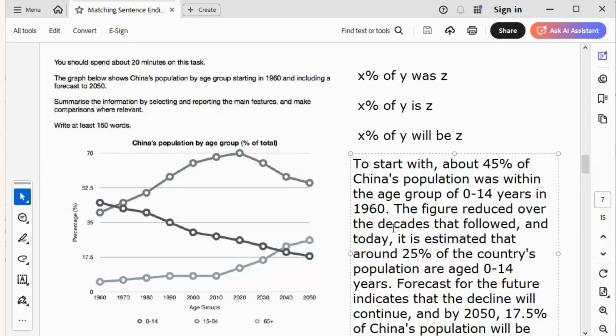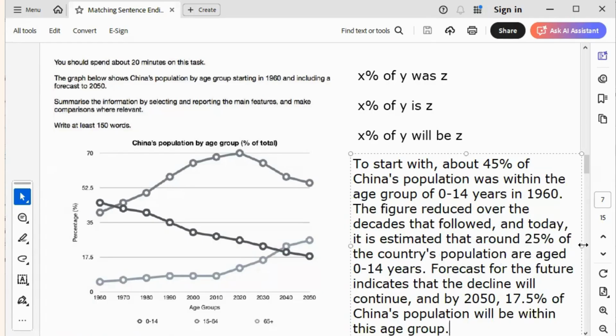That's all. Can you see the way I've used that formula? X percent of Y is Z. That's the formula that I've used. It's best to use it to quote data. And then once you quote it the first time, you now describe what is happening, and then you continue until you get to the end. That's what we call the basic formula.